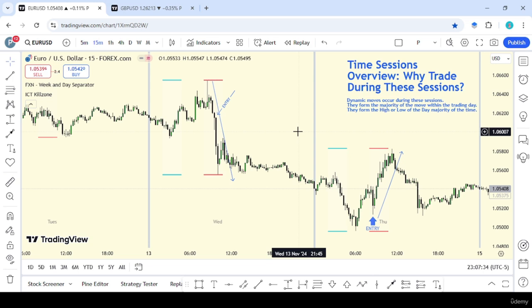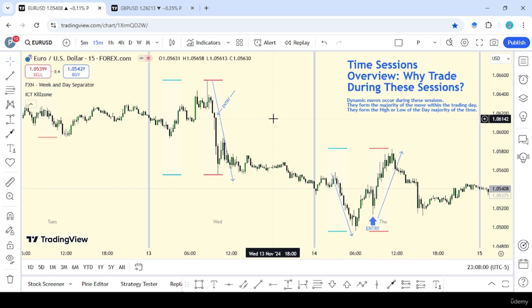In this example we have the London session here, with a high created at 3 a.m. You can see how aggressively it moves lower during London, and then we also have that movement in New York. So both these sessions have the capacity to form the bulk of the volume of the trading day. It is one of the reasons why we focus on these time sessions.